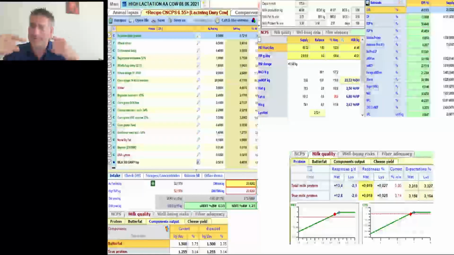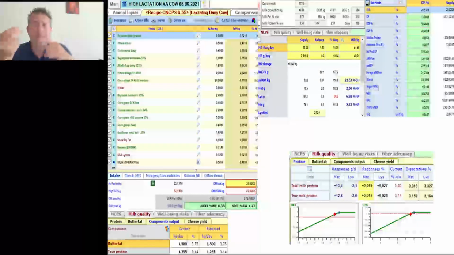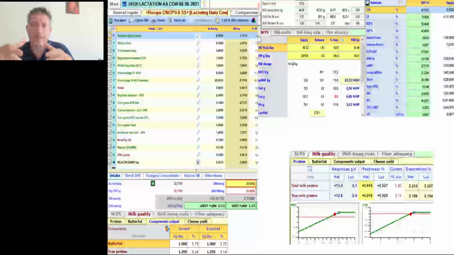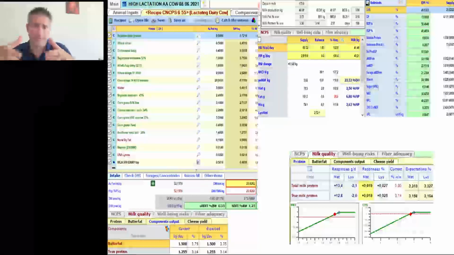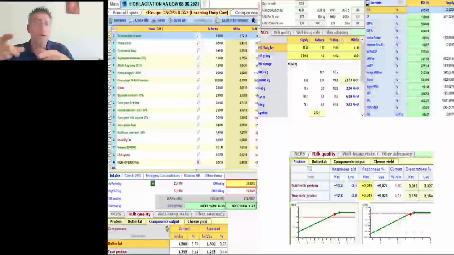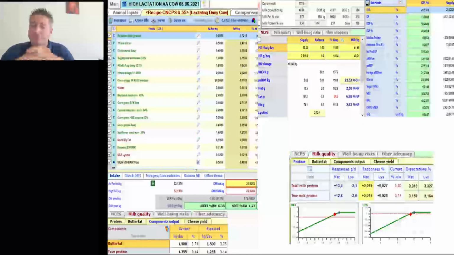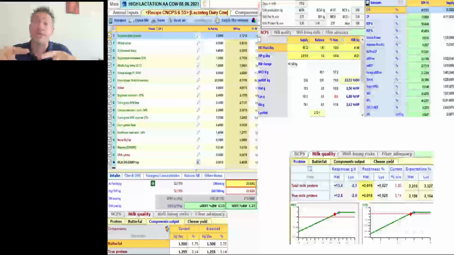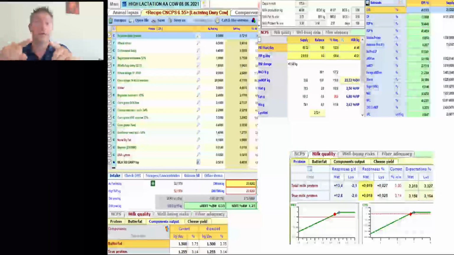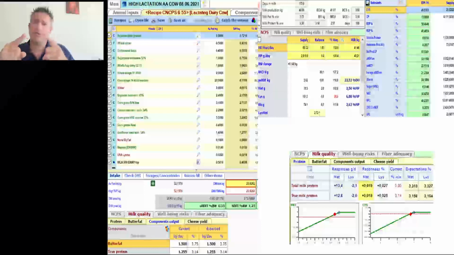Another thing to remember is that if I give a supplementation of methionine to my cows, I always watch what is the percentage of total lysine, because there is a strong connection between protein and energy.